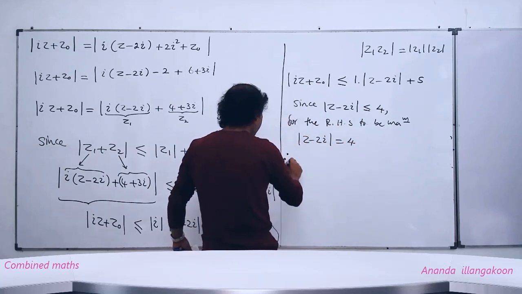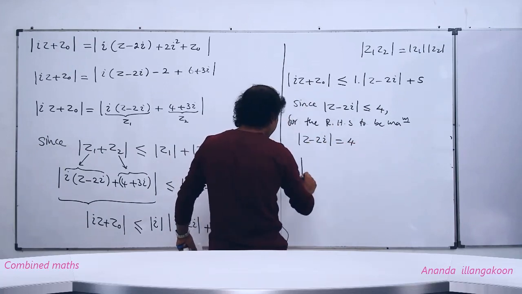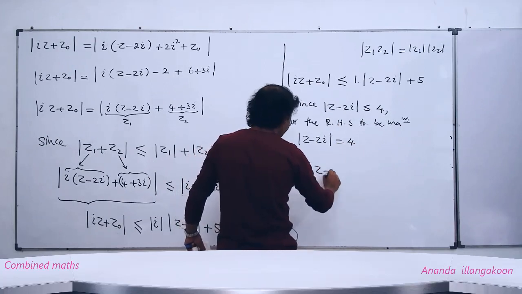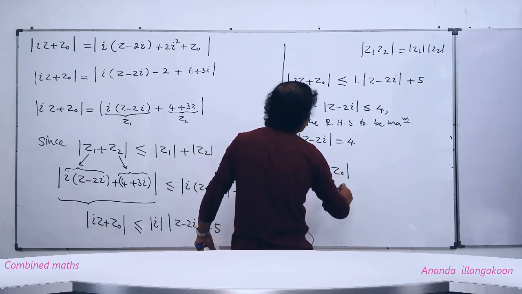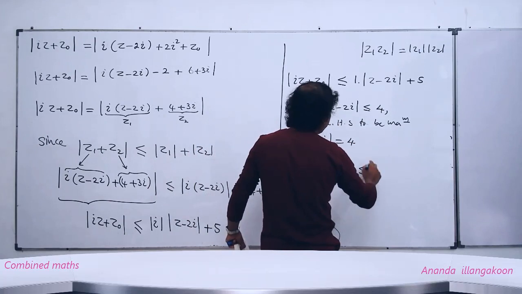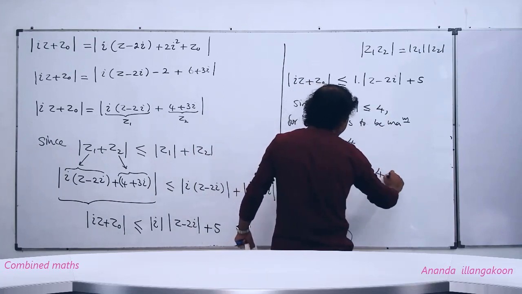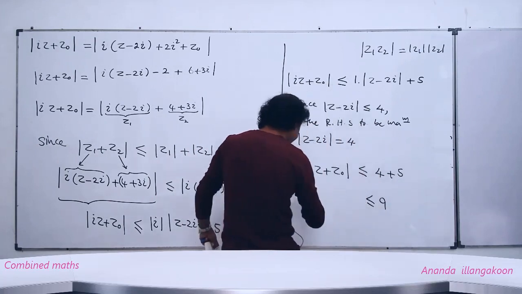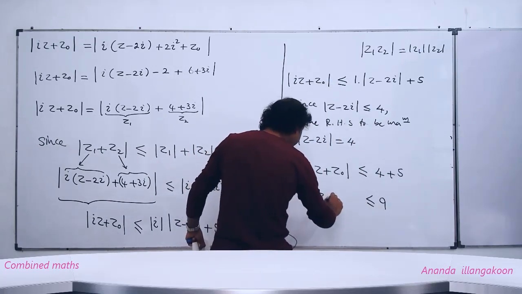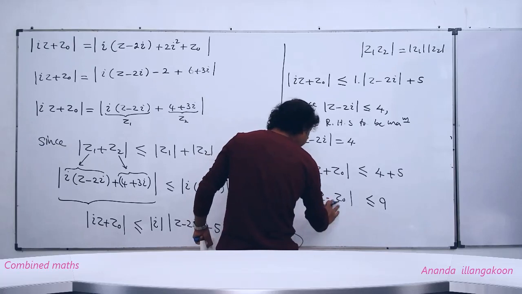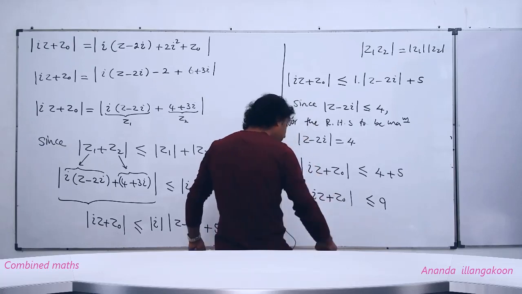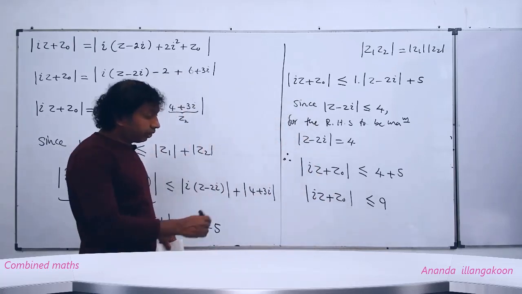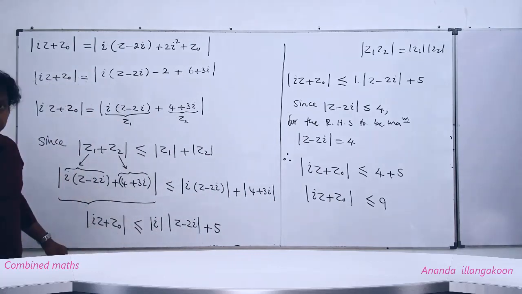Therefore, now you can write this result. Modulus of iz plus z naught is less than or equal to 4 plus 5. This is 9. Okay, then iz plus z naught modulus is less than or equal to 9, meaning the maximum value.